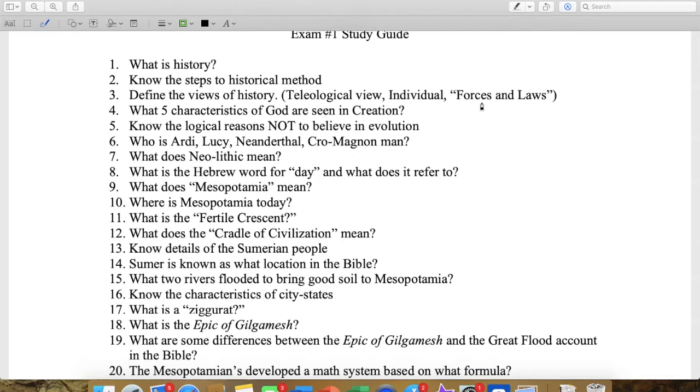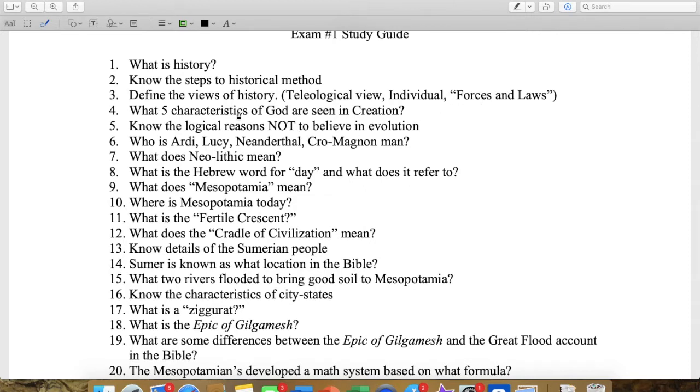So, an example of that would be the flooding of a river on a flood cycle, and that natural law of the flood cycle would affect how a civilization functions.